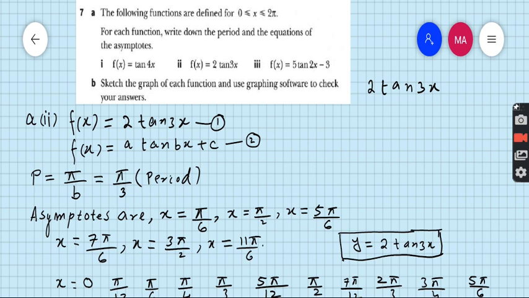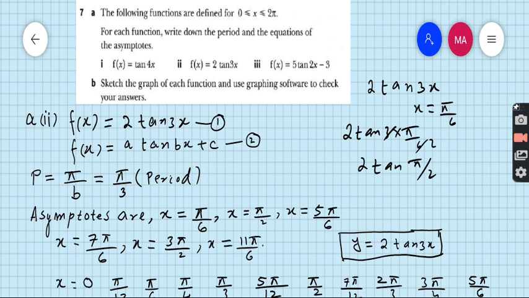At which angles is the function undefined? If you take x equals pi by 6, then 2 tan of 3 multiplied by pi by 6, which is 2 tan pi by 2.